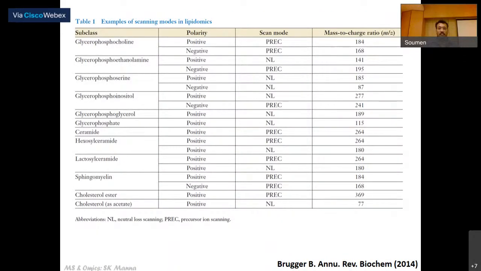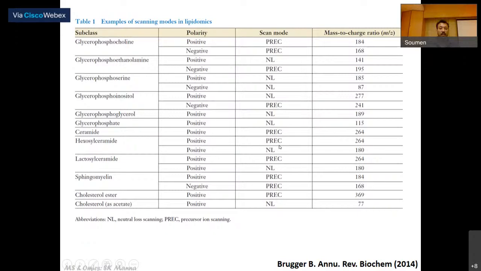So this is again an example of different classes of lipids, their ionization pattern, and the mass-to-charge ratio ion that is typically used to monitor them.